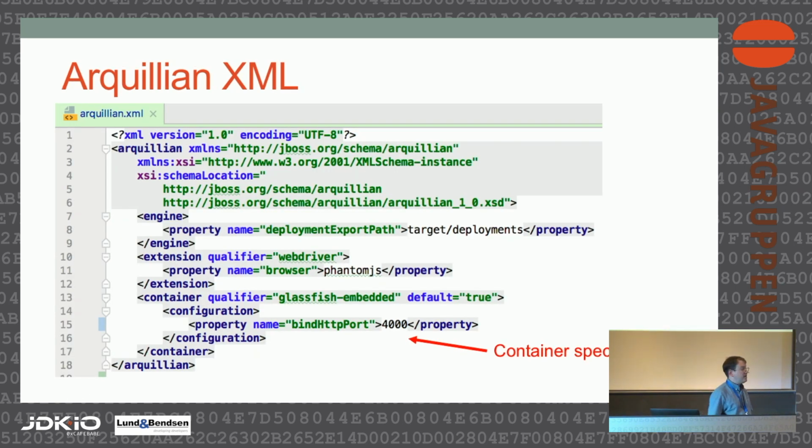And then this is an example Arquillian configuration file where I'm specifying the test browser. We'll see this in a second. I'm using PhantomJS right here for doing that testing. The container down below, I'm configuring the container plugin for GlassFish, and I'm specifying what port it's going to be running on. It's going to be running on a non-standard port, so it doesn't clash with anything else on the machine. But this is the file where all of the extensions and Arquillian core get configured.